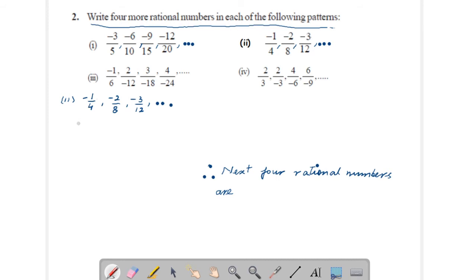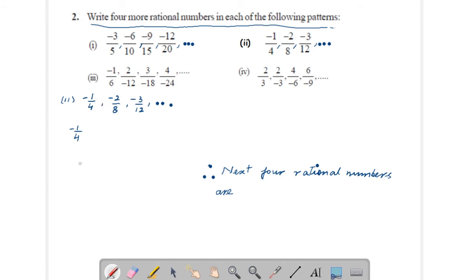Say first rational number. It is minus 1 upon 4. Second rational number is obtained by multiplying first rational number by 2. Third rational number is obtained by multiplying first rational number by 3. The remaining rational numbers can be obtained by multiplying first rational number by 4, 5, 6, 7 and so on.